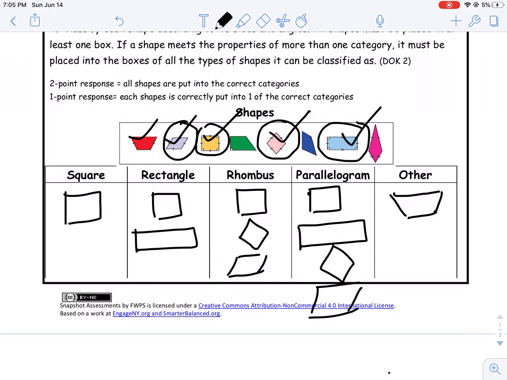It has one right angle, but no equal length sides, so that's going to go into my other category. Okay. This one right here, not 4 equal sides, no sets of parallel lines, no right angle, so that's going to go over here.